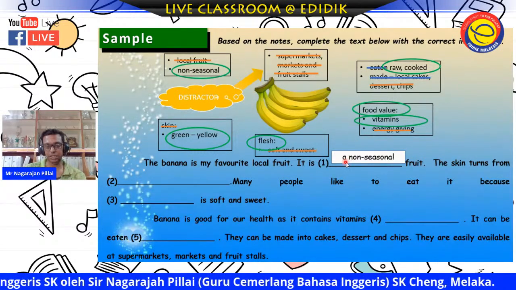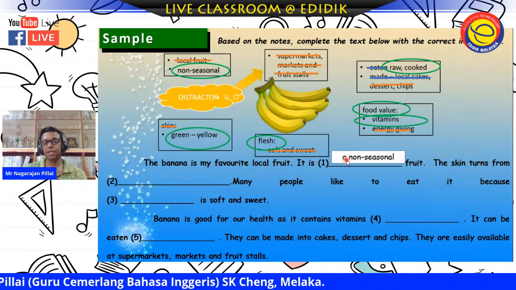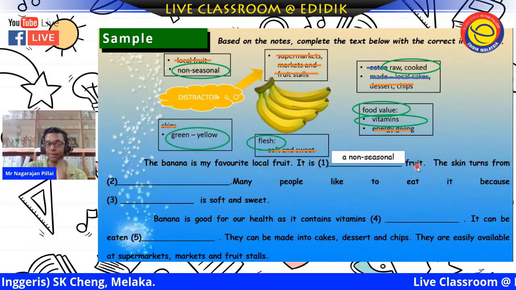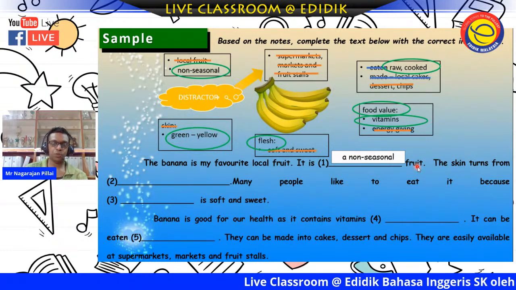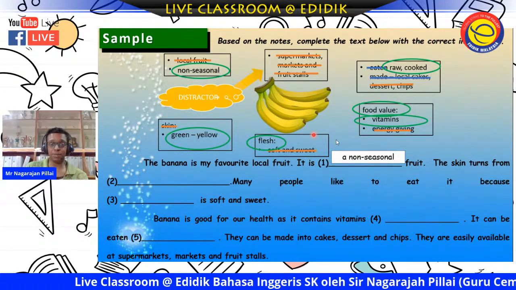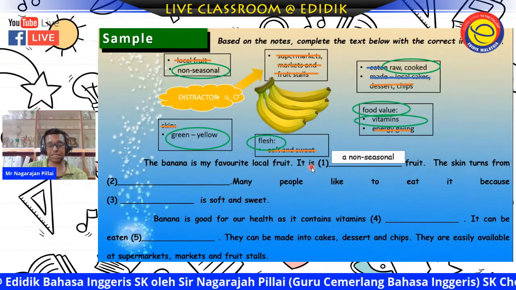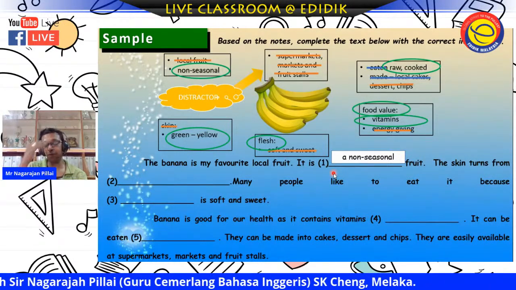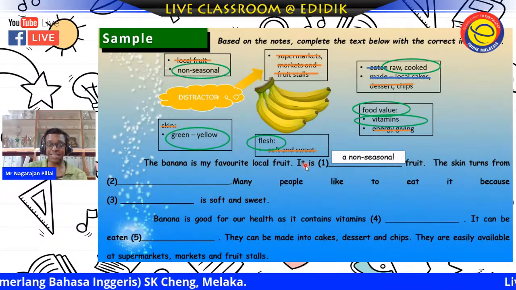A is an article, and you use it when the noun is only one. Singular. So we don't say fruits. And we are talking about banana. Another clue is this: it is. If it's plural, then we have to use they. But we use it instead.